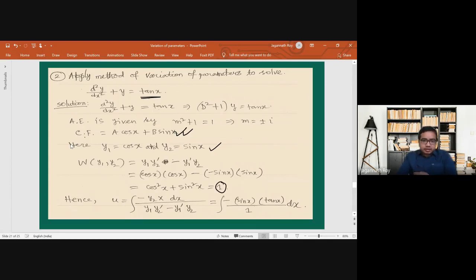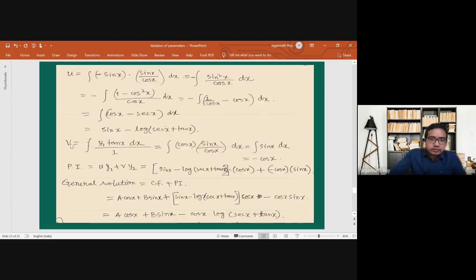Then u can be calculated this way: sin x into tan x divided by 1. This is nothing but sin x by cos x, so sin square x by cos x. In place of sin square, we can write 1 minus cos square x. So 1 by cos minus cos. So let us separate them.